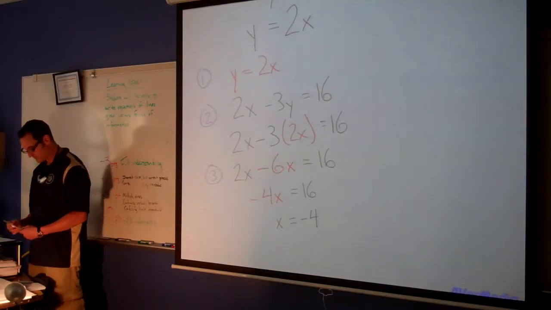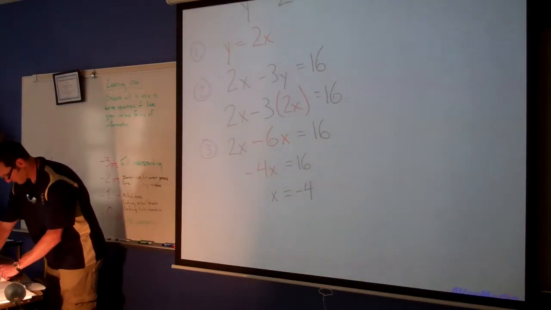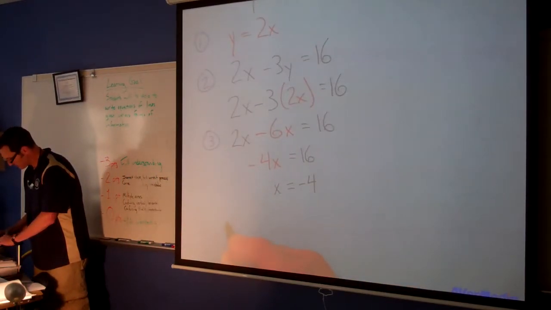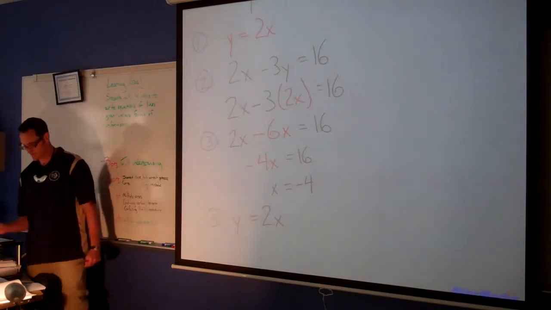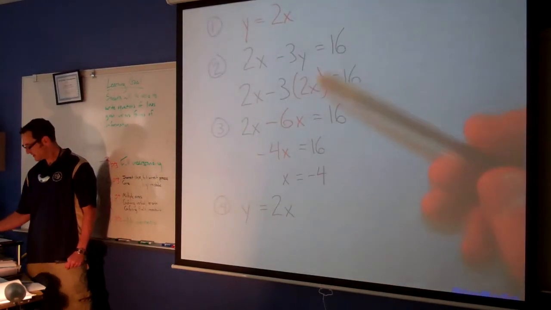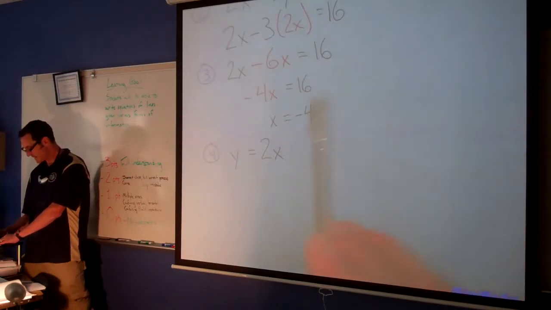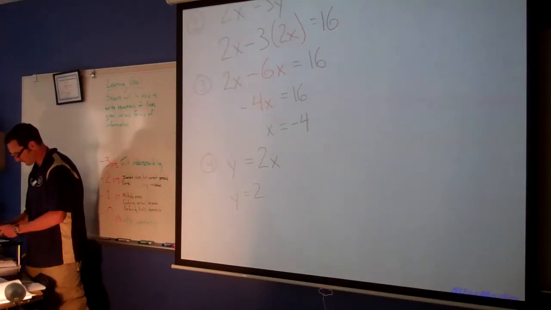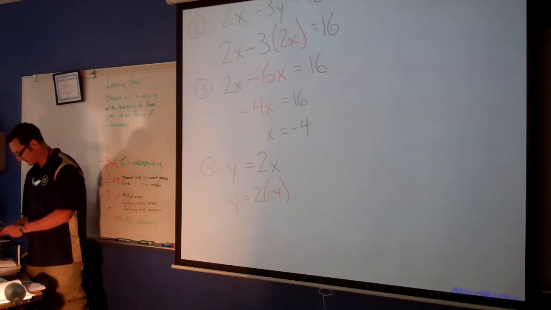So continuing on, we're going to plug in that value to the other equation. So if we start with y equals 2x, that's the original equation we had. y equals 2x, but we know that x equals -4. We can substitute x for -4, and we can find out the exact value for y.